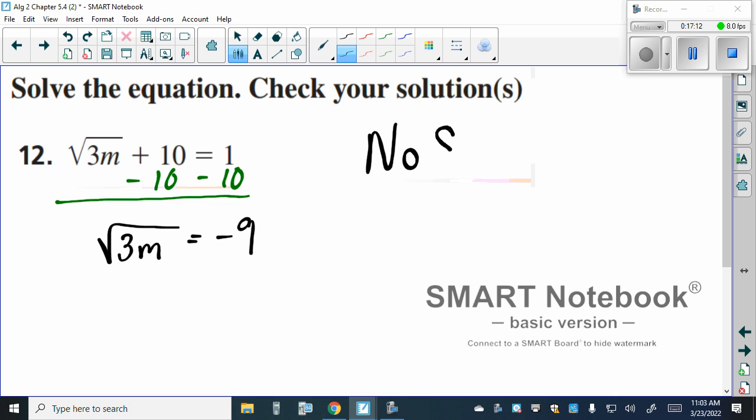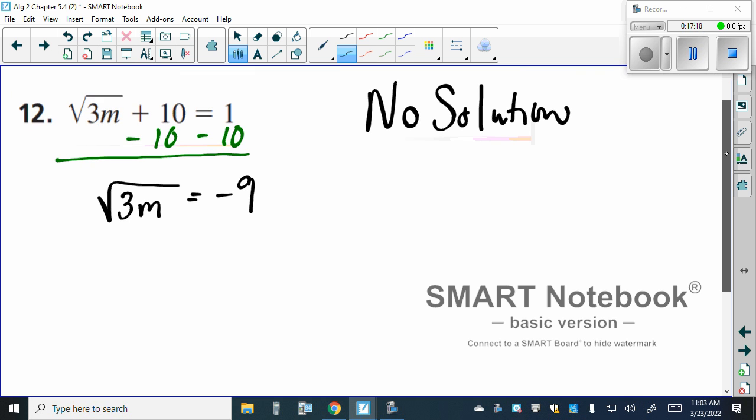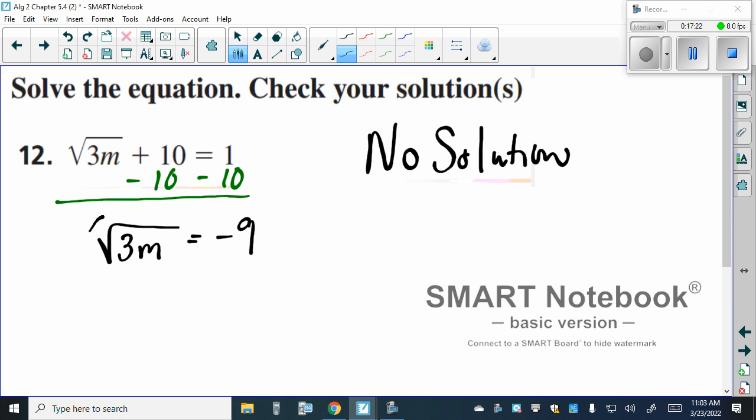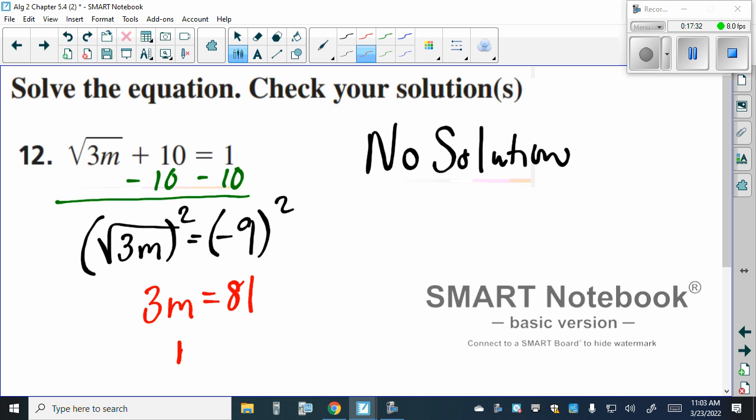This is going to be no solution, because we can square it if we wanted to, which will just tell us that 3m is equal to 81. Divide by 3, and we would get that m is 27.